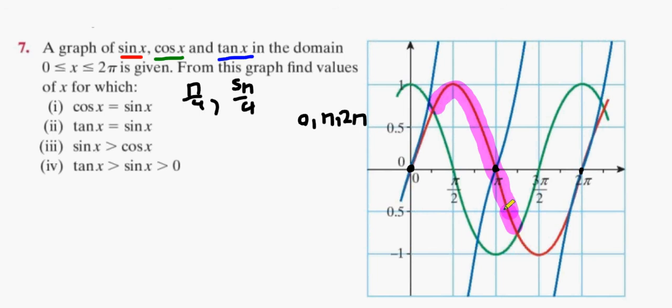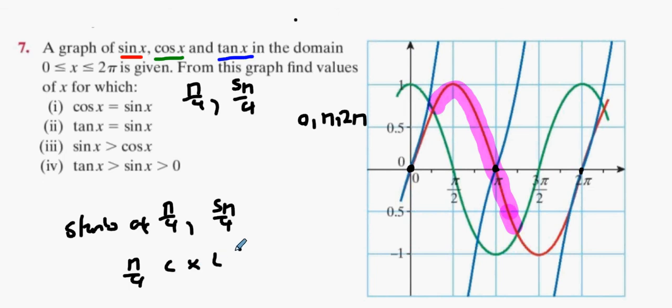It starts at 45 degrees or pi over 4 and ends halfway between pi and 3 pi over 2, which is 5 pi over 4. So pi over 4 less than x less than 5 pi over 4. Finally, that's the answer to part 3.